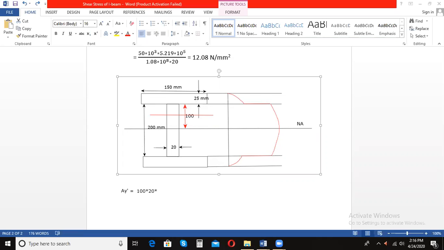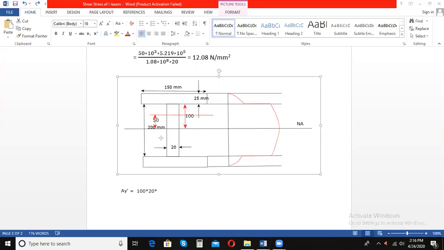So this much is 100 by 2, that is equal to 50 mm. Let me show it with an arrow.